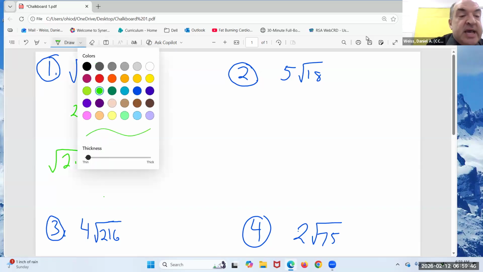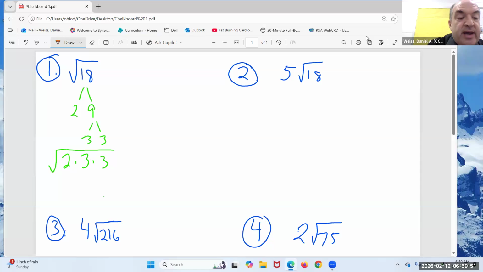What you do now is circle the pairs. You have a pair here, 3 times 3. You circle that and you make that into just one 3, because 3 times 3 is 9, and the square root of 9 is 3.